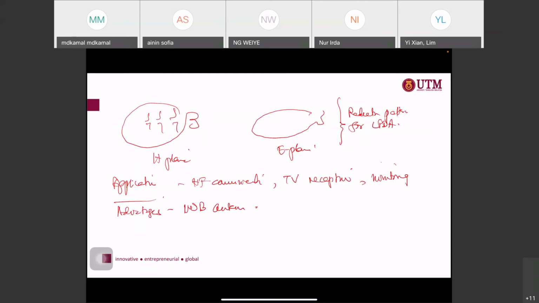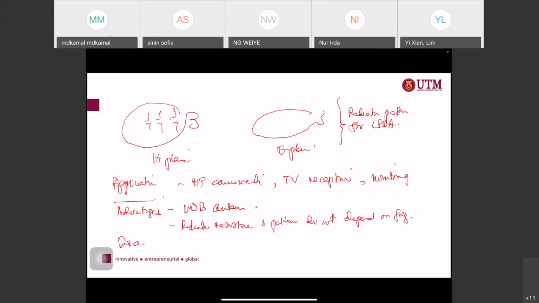And then the radiation resistance and pattern do not depend on frequency, and that's why they call it frequency independent.